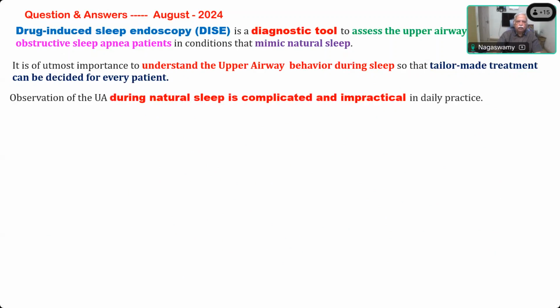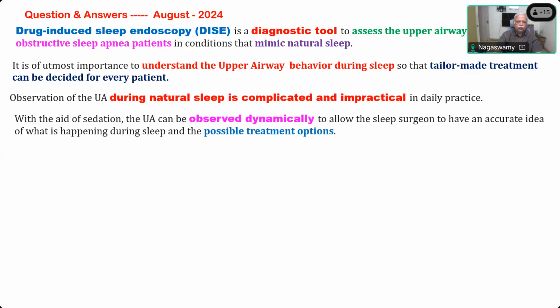During natural sleep, it is complicated and impractical to do it on a daily basis. So we are observing the movement of the palate, tongue, and all these things dynamically during sleep, and it is possible to have the desired outcomes.